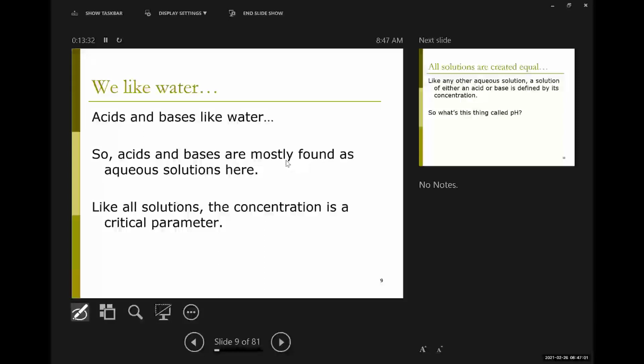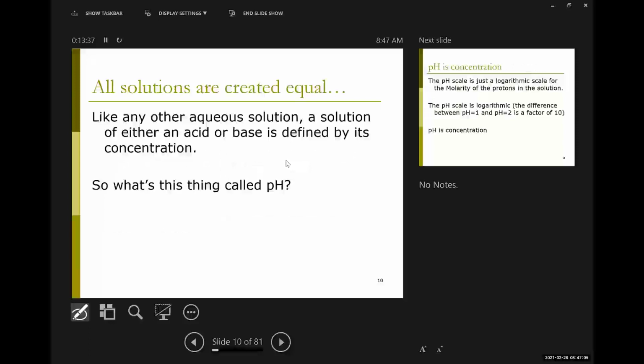They also have another little special feature, which is that rather than reporting the molarity, it is more common to report the pH, which is really just a backwards way of specifying the molarity.